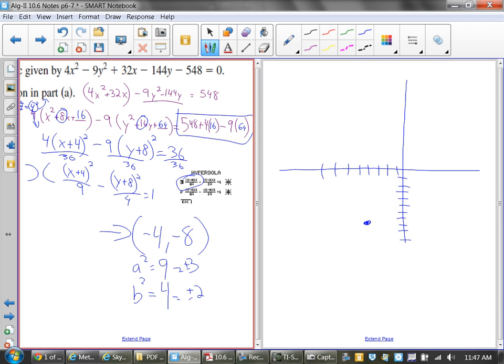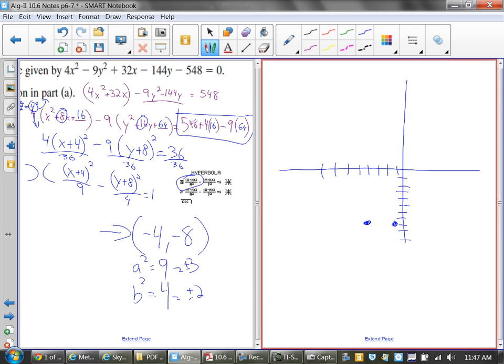All right? Now, when you're graphing a hyperbola, you know that it's going left and right. So that means that the distance, that a value, is going to be from the center to what? Vertex. So that means I move right and left from this value here, right 3, left 3.